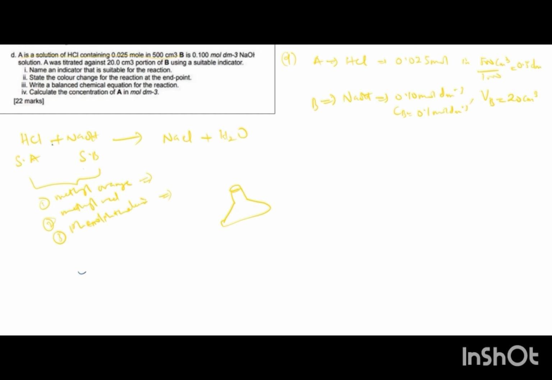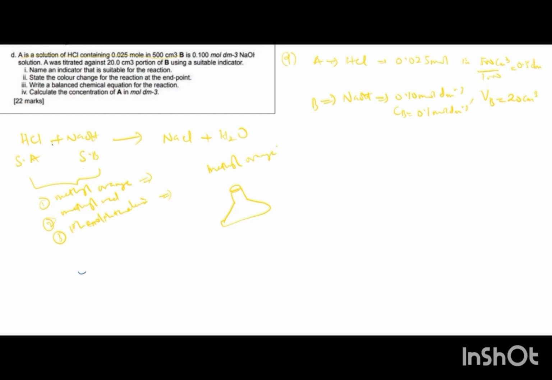You are expected to tell them one of these indicators. As I have told them that I'm using phenolphthalein, I'm expected to talk about the color change at the end point, which will be colorless at end point for phenolphthalein.